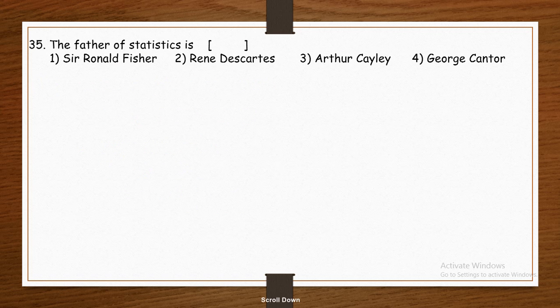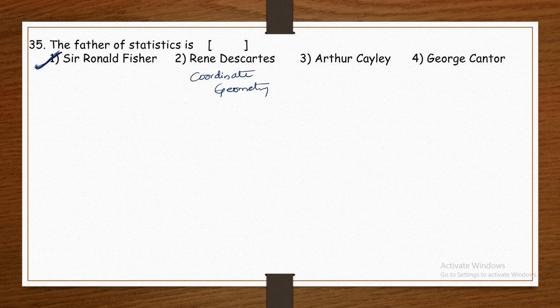Next, moving on to question number 35. Who is the father of statistics? It is Sir Ronald Fisher. Next, coming to the remaining names: Rene Descartes is the father of coordinate geometry. Since we have options, we need to learn all the fathers.